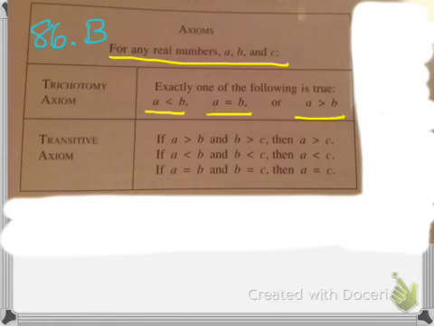If you pick two numbers, the first one is either going to be bigger than, equal to, or less than the other one. Okay, and then the next thing we talk about is the transitive axiom. If a is bigger than b and b is bigger than c, a has to be bigger than c. If a is smaller than b and b is smaller than c, a has to be smaller than c. And finally, if a and b are equal and b and c are equal, then a and c are equal.